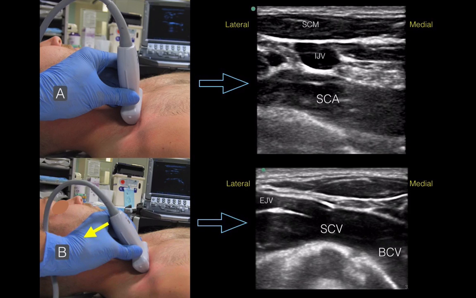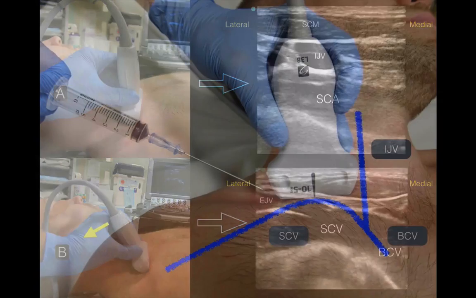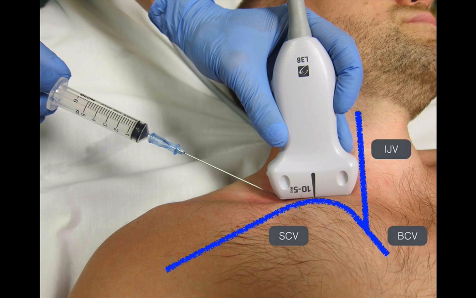I've done it before with an 18-gauge angiocath when I had a patient who was very sick and I needed access quickly. You can see you come in again in plane and cannulate the subclavian vein. This probably won't work in somebody who has a very, very thick neck, somebody that maybe has some weird anatomy, but commonly this is a nice, easy access. This is a supraclavicular approach to the subclavian vein.